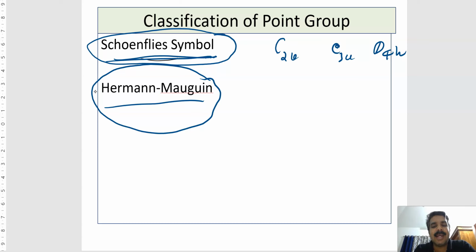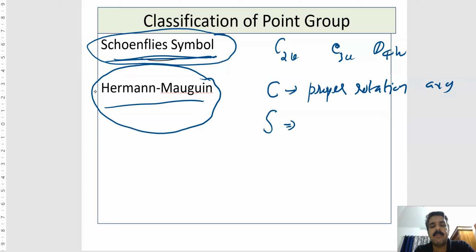There is an alphabet in the Schoenflies symbol, and that alphabet denotes, for example, C denotes the proper rotation axis. If there is an S in the point group, that denotes the highest order improper rotation axis.